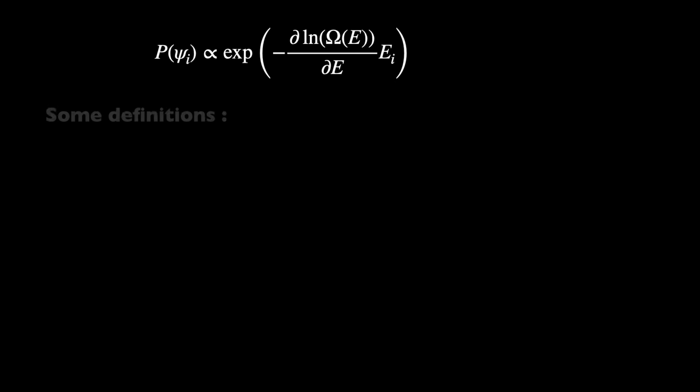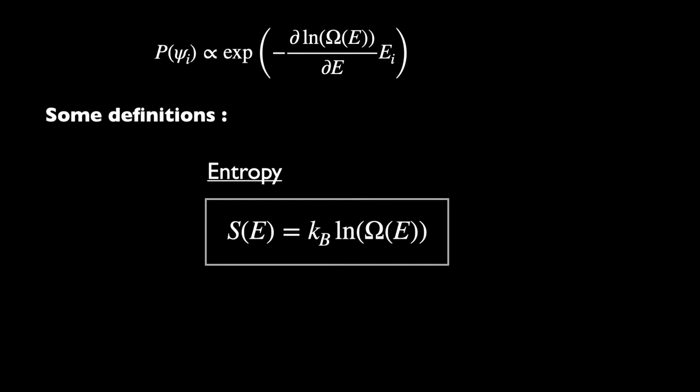Before moving further, let's introduce some important definitions. First is entropy. The entropy S is defined as Kb times the log of omega E, where Kb is the Boltzmann constant, which converts units of temperature to energy.